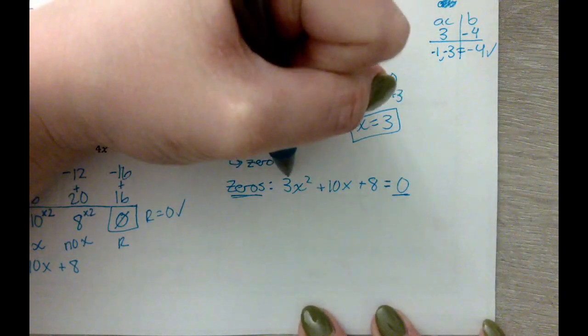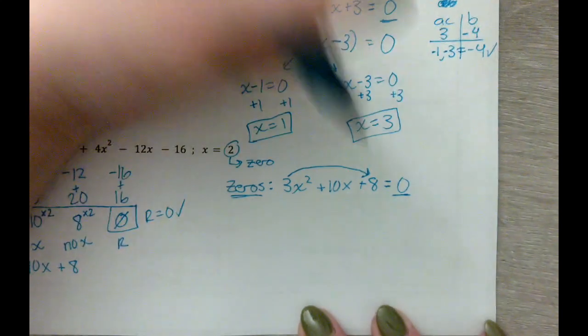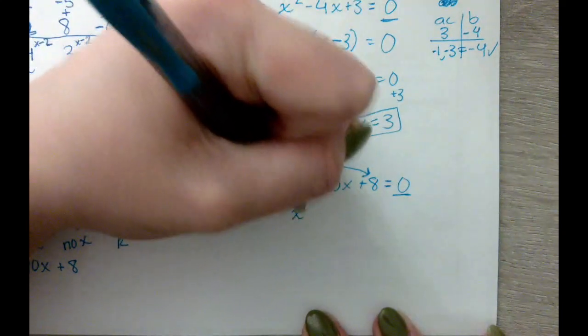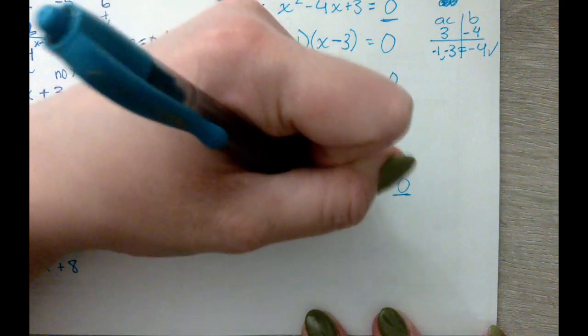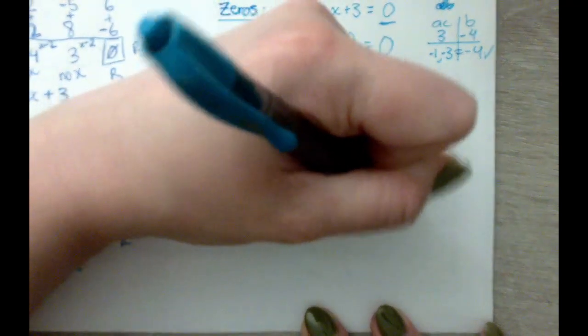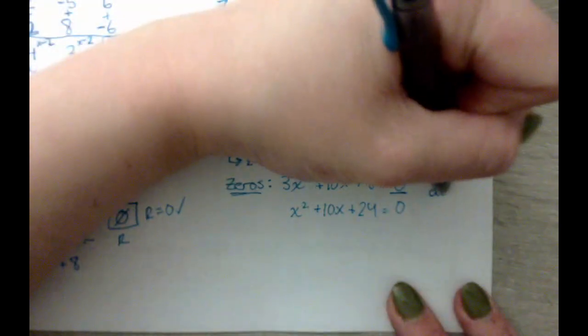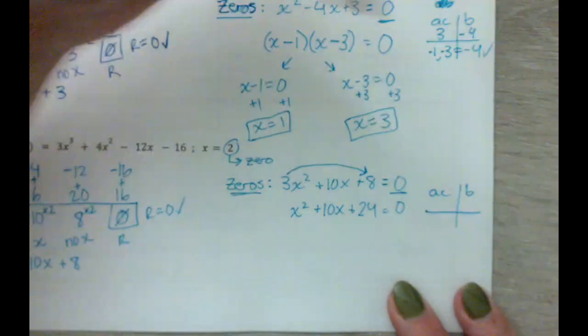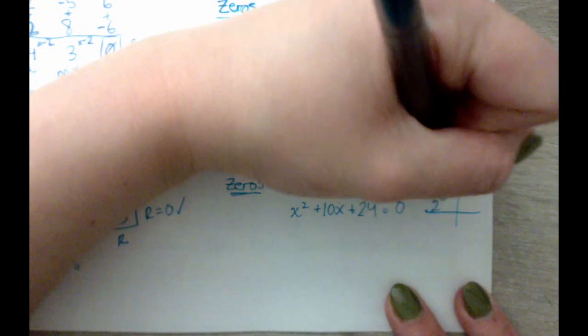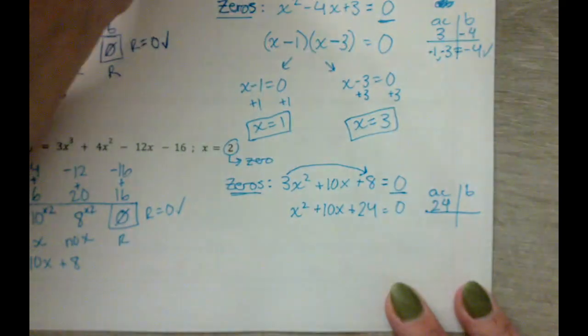So first you multiply the a times the c, and we get x squared plus 10x plus 24 equals 0. 3 times 8 gives us 24. And then we have our ACB chart. A times c is 24. We've already cleared that up. And then b is 10.